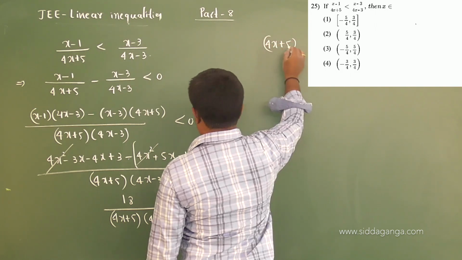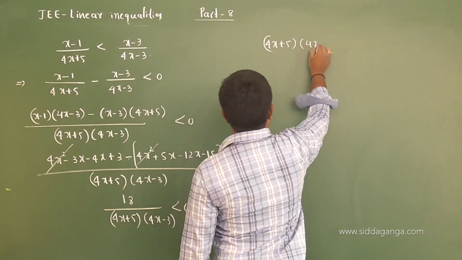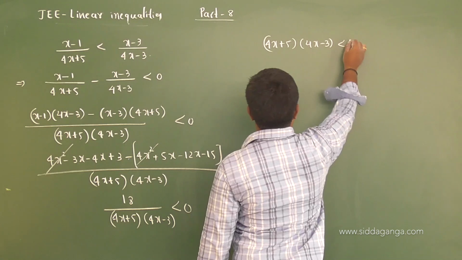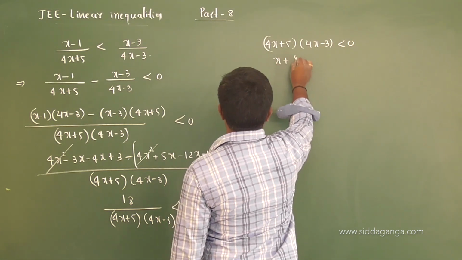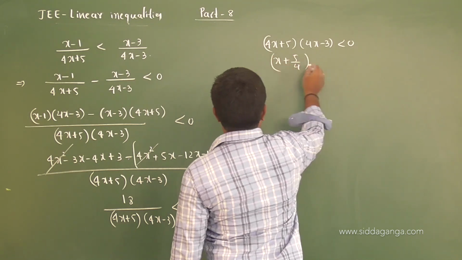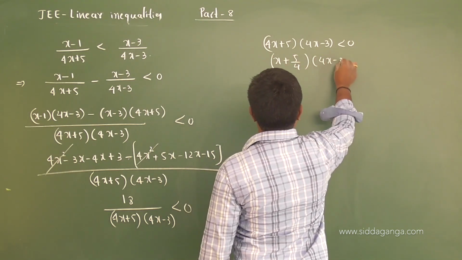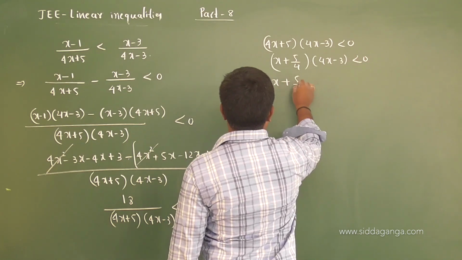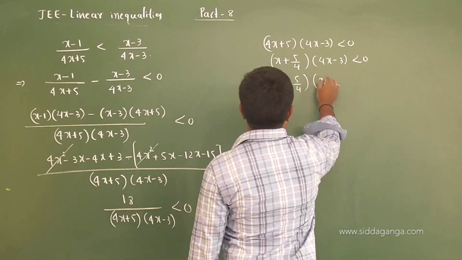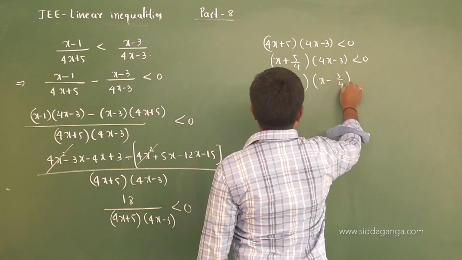So you get (4x plus 5)(4x minus 3) should be less than 0. Dividing by 4 on both sides, you get (x plus 5 by 4)(4x minus 3) is less than 0. Again dividing by 4, you get (x plus 5 by 4)(x minus 3 by 4) less than 0.